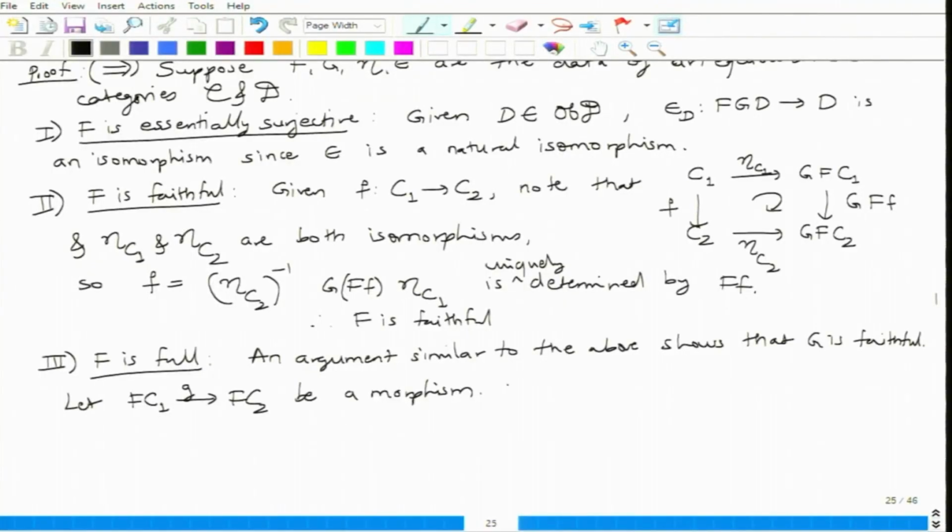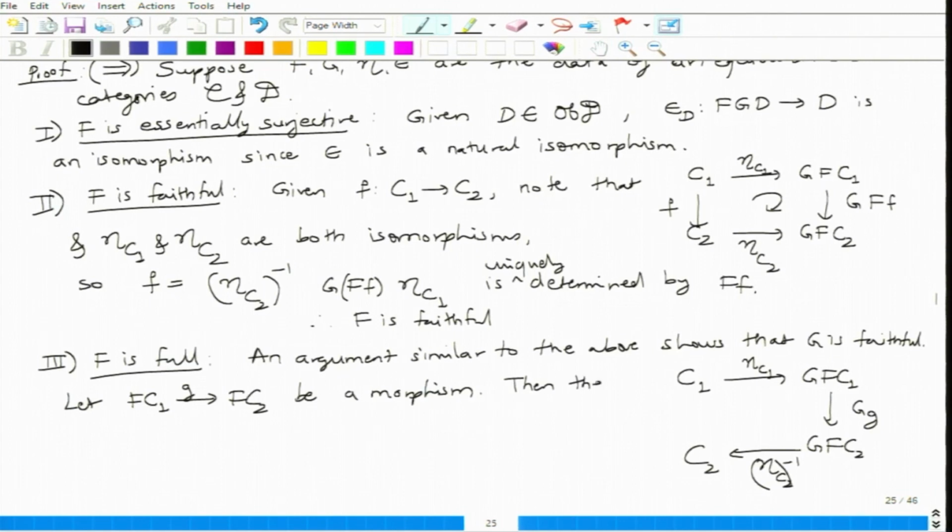Okay, I will give you the solution. I am saying you do this. GFC1, you have eta C1. Now what morphism will I take here? GFC1 to GFC2, which morphism will I take? The only thing I know is Gg, not GF. There is no capital F, right? Gg. So this is the morphism.